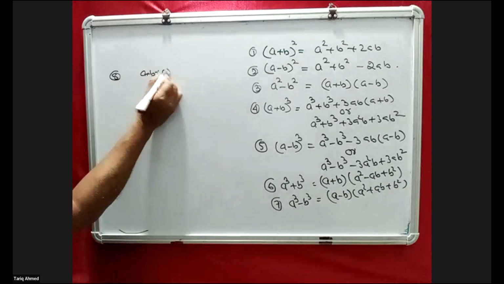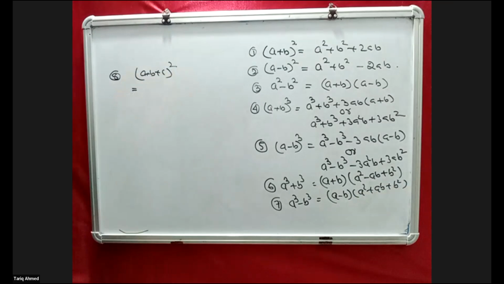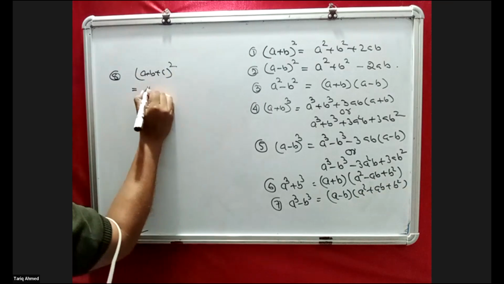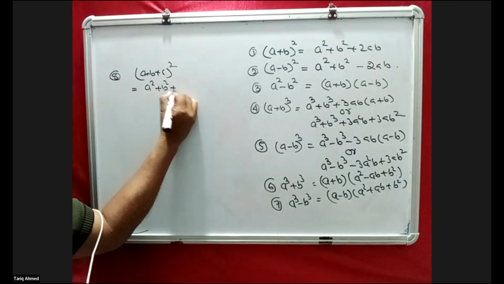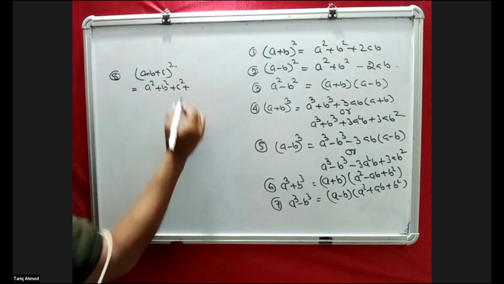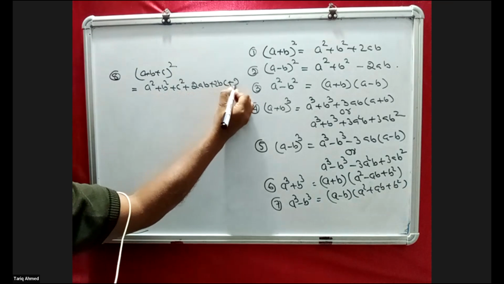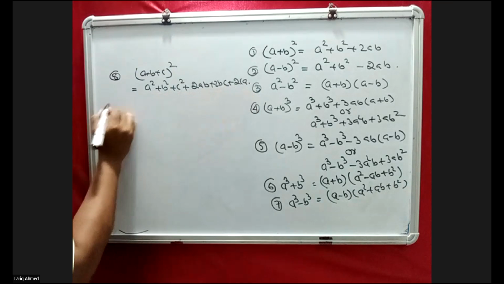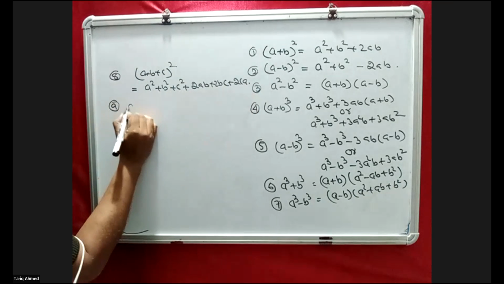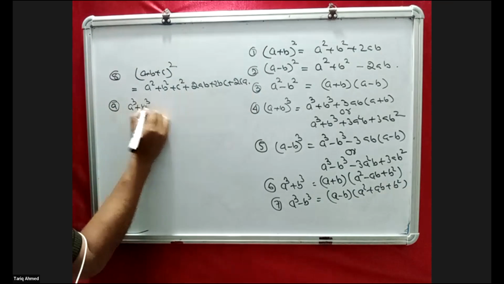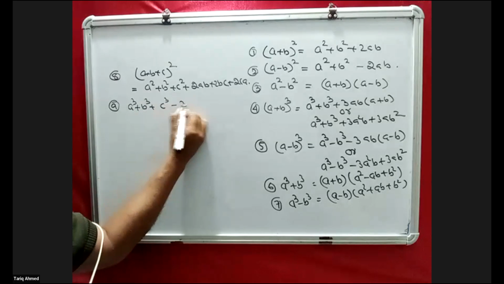Now, what is the formula for this one? A plus B plus C whole square. A square plus B square plus C square, plus 2AB plus 2BC plus 2CA. Can you tell me the formula for this? A cube plus B cube plus C cube minus 3ABC.